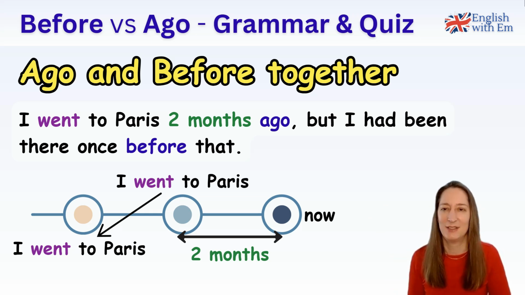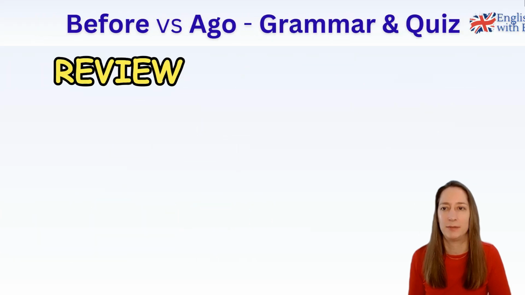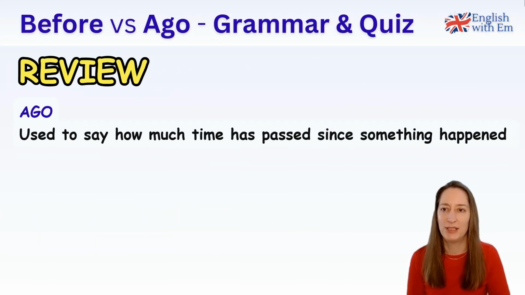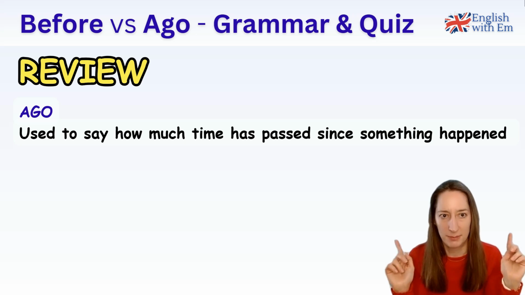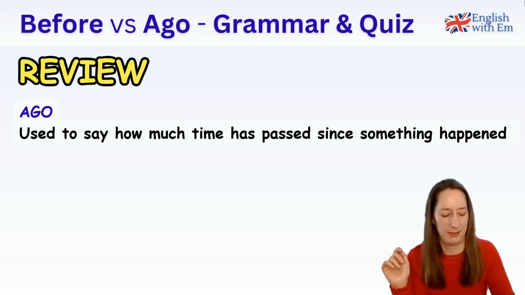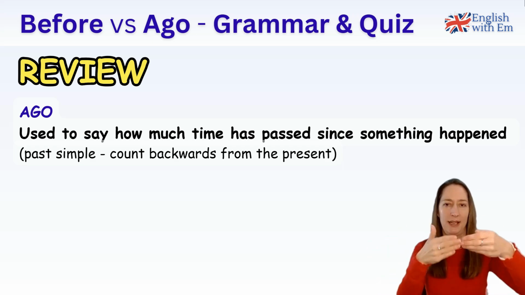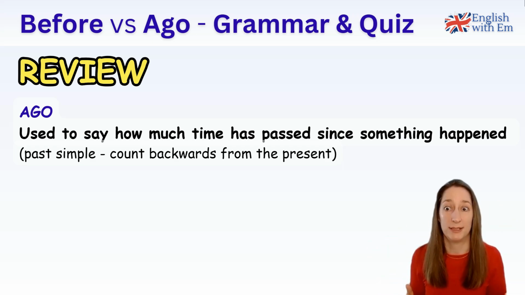Okay, let's have a quick review. We use ago to say how much time has passed since something happened. And we use the past simple. We're counting backwards from the present.